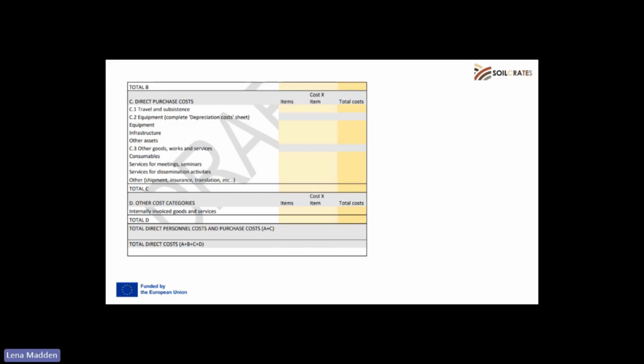Any infrastructure, other assets that you buy, as I said, low pressure tires, maybe if you're doing the compaction measures. Any consumables, fertilizers, seeds, consumables say for the soil testing, soil core, anything that you think would help you to deliver this project.